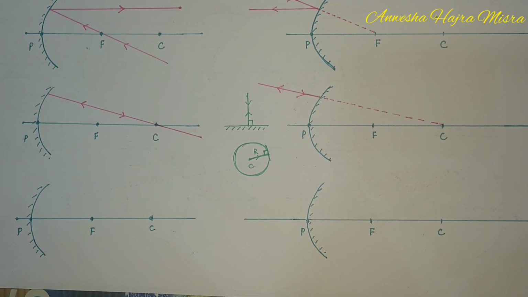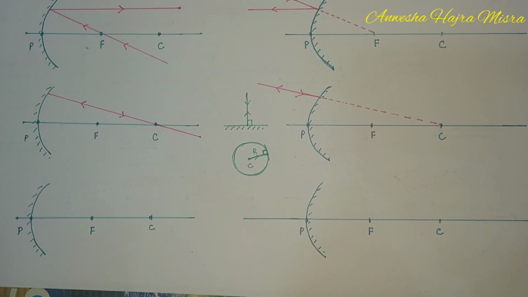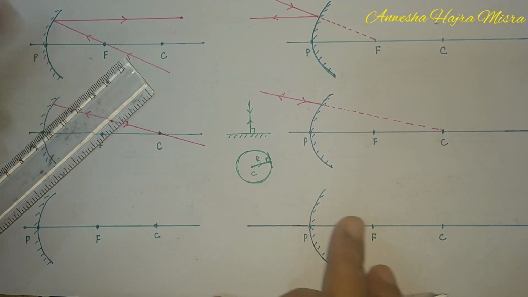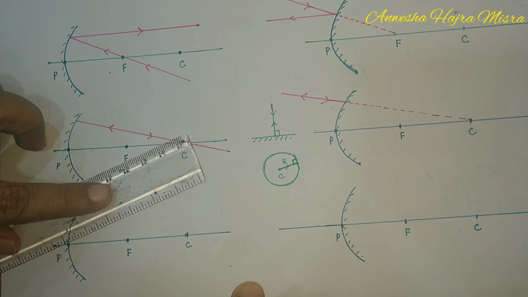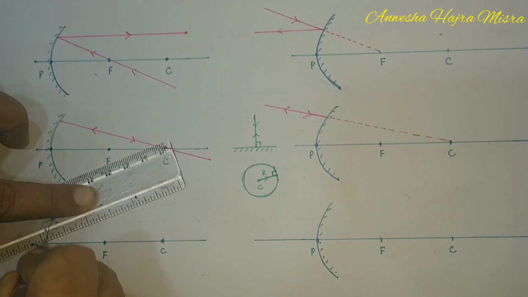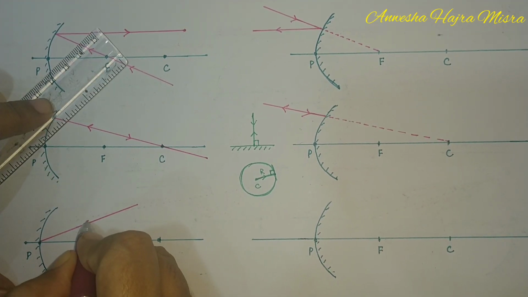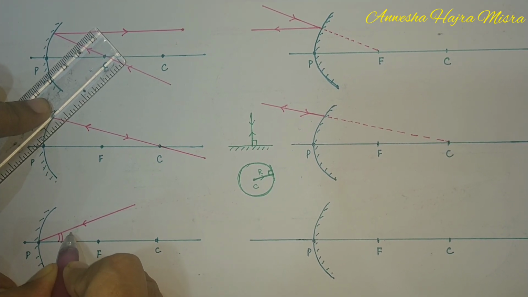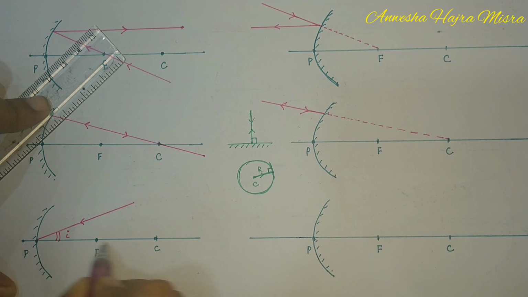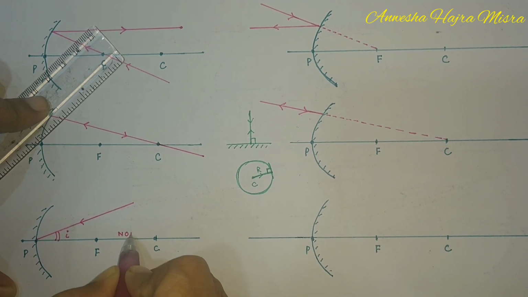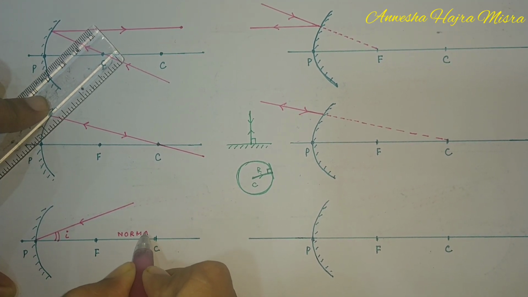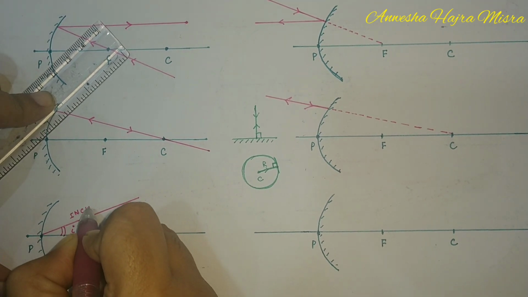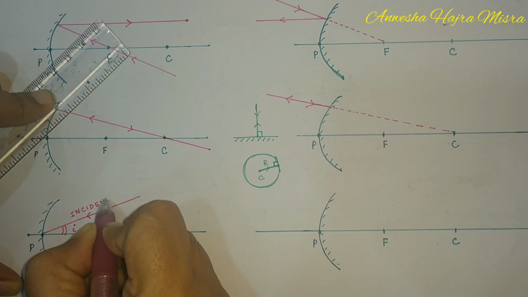Now the fourth law which you should remember, children, is if you have an incident ray falling at the pole, if this is my angle of incidence, because a line through the center is my normal. I told you this is my normal. And this is my incident ray.